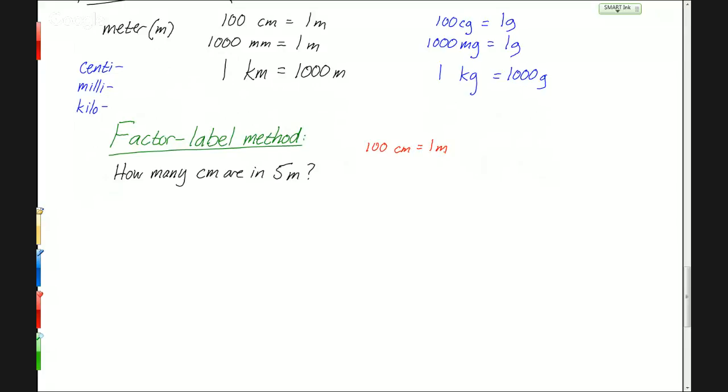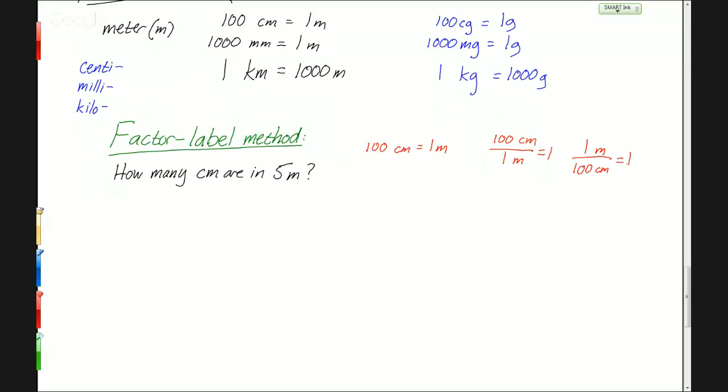Another way to write it is to manipulate this a little bit mathematically and say something like 100 centimeters divided by 1 meter equals 1, meaning that those two are the same thing. So you're dividing the same by the same, or flipping that, 1 meter divided by 100 centimeters equals 1. So those are just a couple different ways to write this kind of identity.